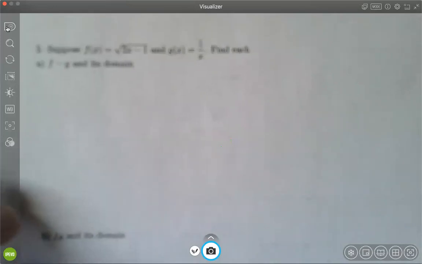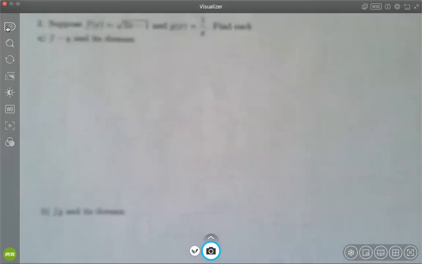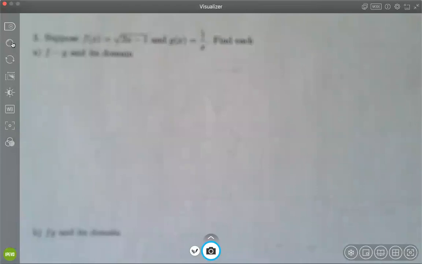Can you see it clearly on your side? Something is messed up with my Zoom. Yeah, I don't know how I fix this.